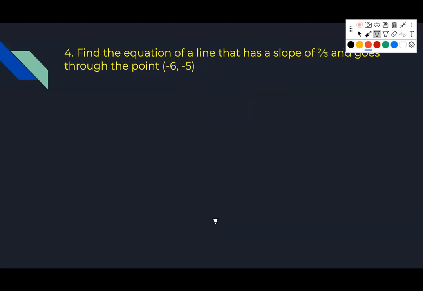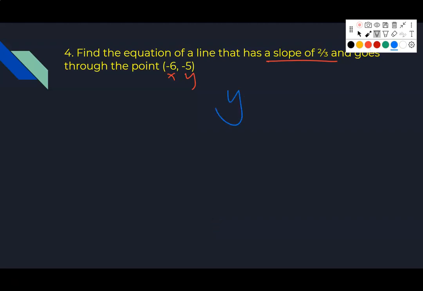Number 4, find the equation of a line that has a slope of 2/3 and goes through the point -6, -5. So again, you have the slope of 2/3 and goes through the point -6, -5. So again, this is your x and y. So let's do the same thing.